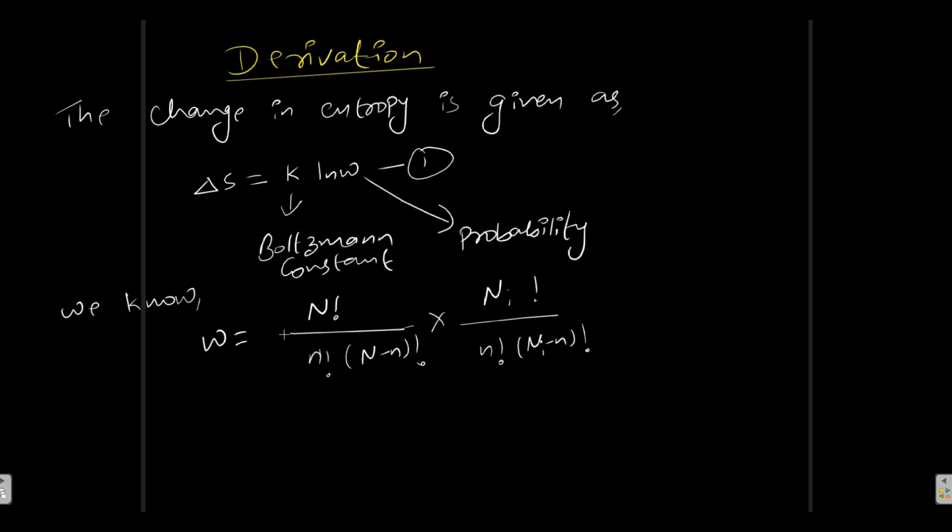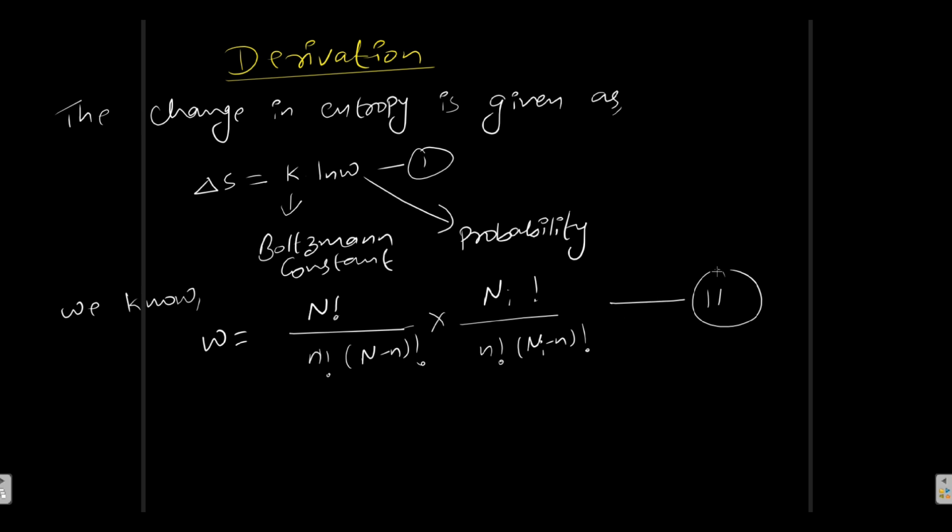Okay, so in the first term you can see there is only N, in the second term there is Ni. That is the only difference. Now for the first term we have already done it in my previous video. Now the second term is additional over here. Let us consider this to be equation number 2.